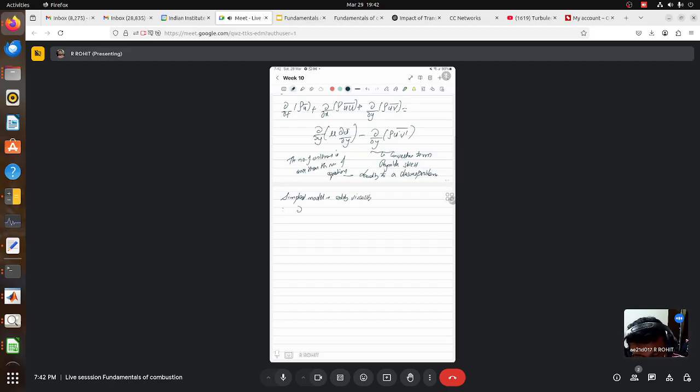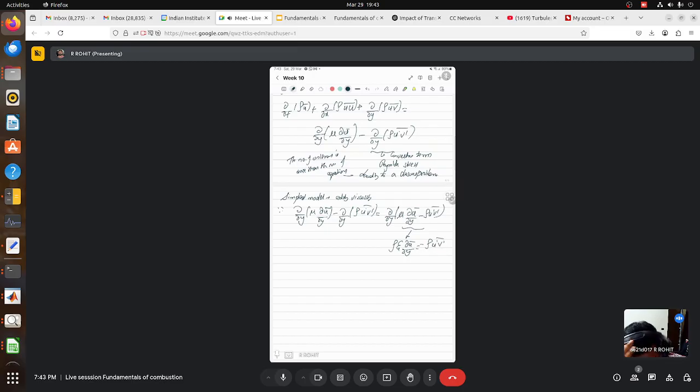So since you have dou by dou y of mu dou u bar by dou y minus dou by dou y of rho u prime v prime bar, it can be written as dou by dou y of mu dou u bar by dou y minus rho u prime v prime bar, and this can be written as rho epsilon times dou u bar by dou y, which is nothing but minus rho u prime v prime bar.